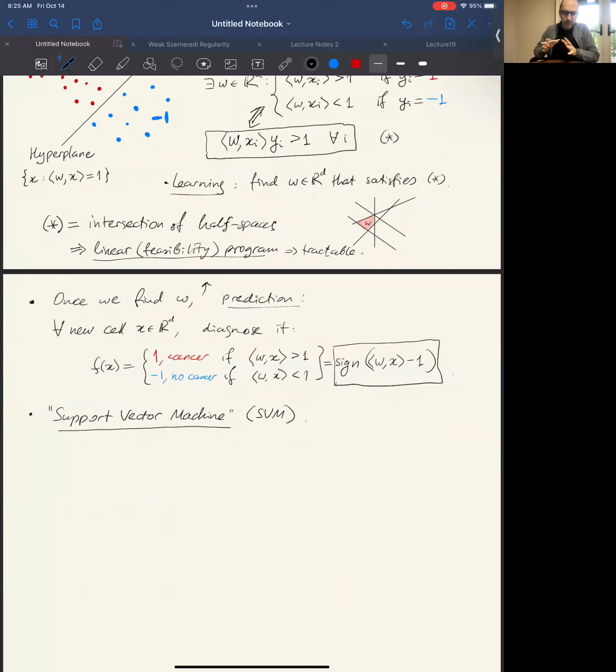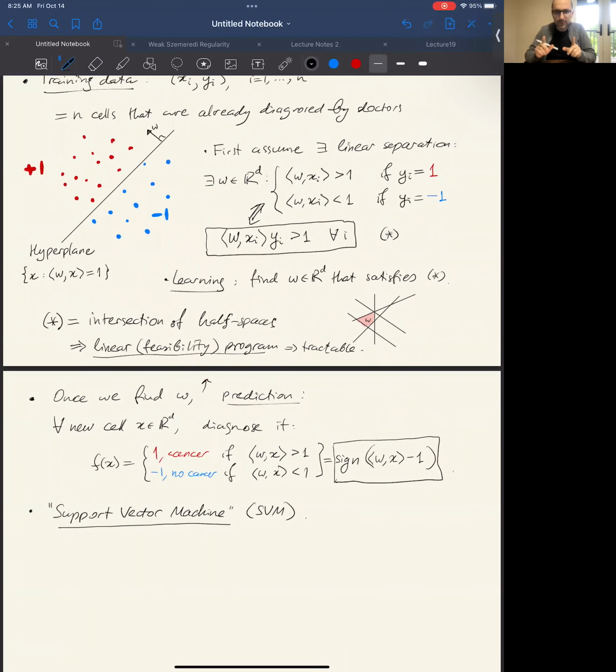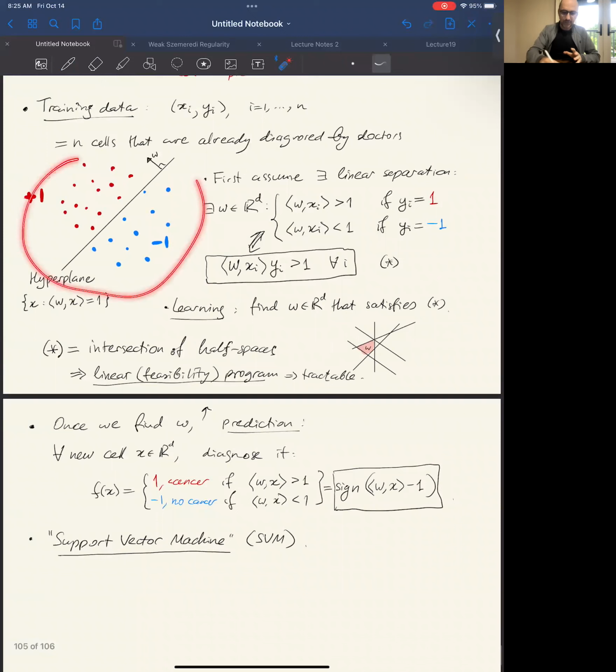So that completes the story about the SVM. But let me ask you, do you have any questions about this procedure, the terminology, anything? Good, clear?